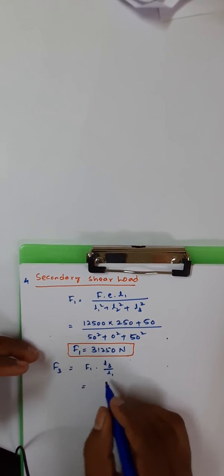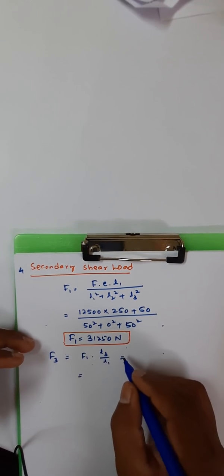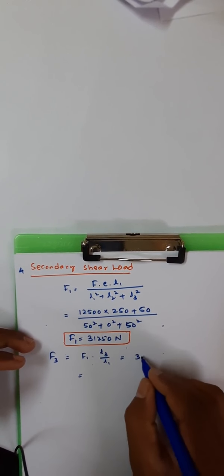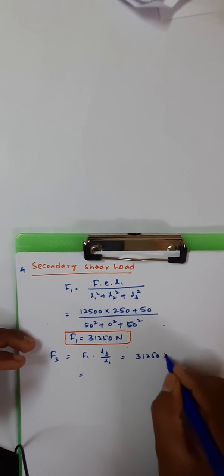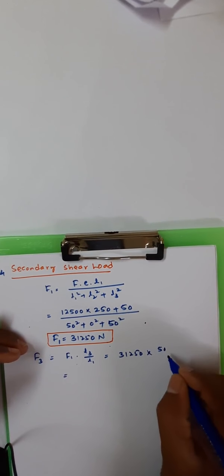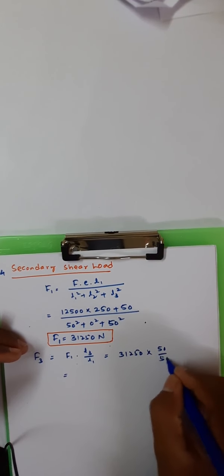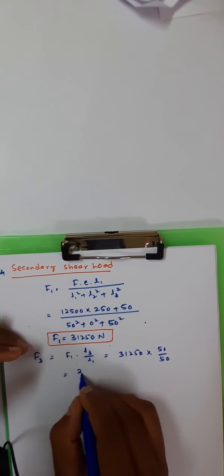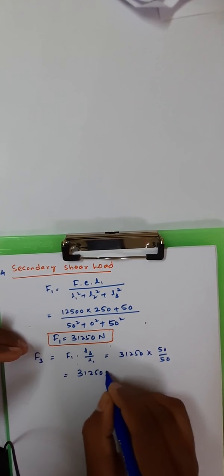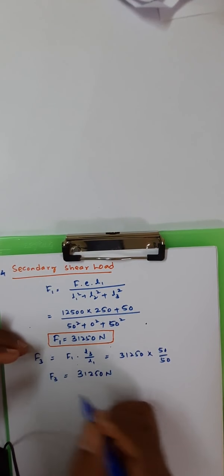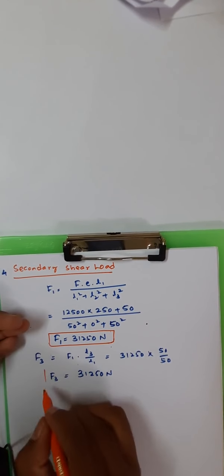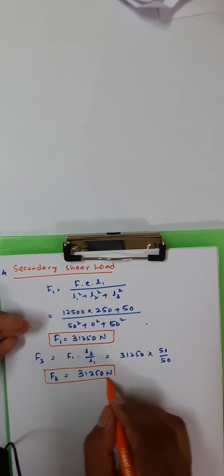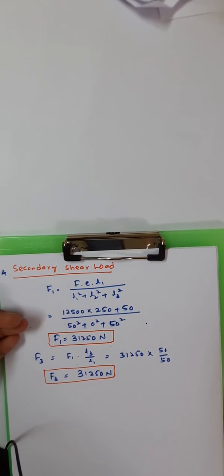Substituting the values, 31,250 into L3 which is 50, divided by 50. If you simplify this whole term, we will get 31,250 newtons. That is called F3.